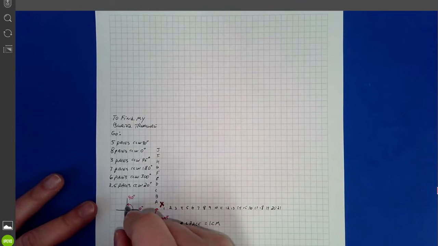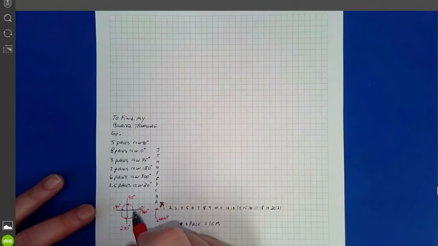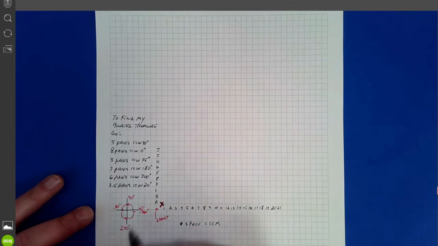If I kept moving counterclockwise, I'd get to 180, 270, and if I made it all the way back around again, that would be 360. So counterclockwise is in that direction, if you follow the arrow heads here.